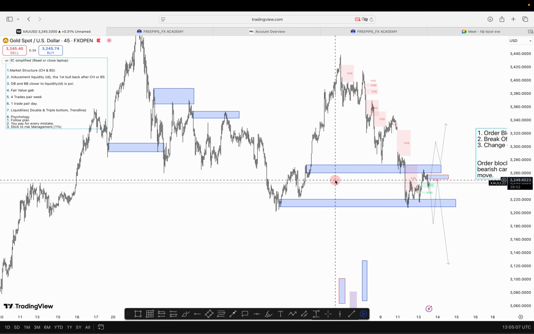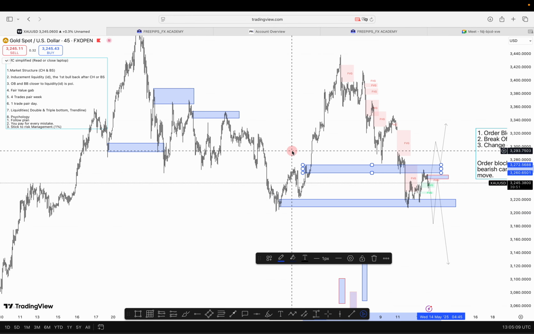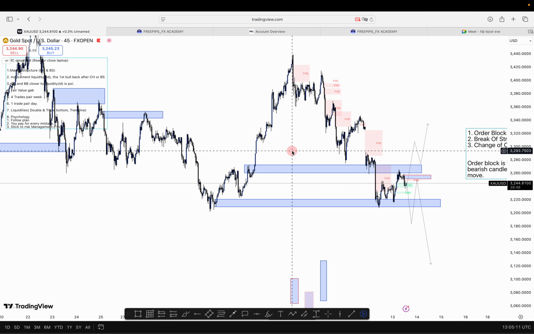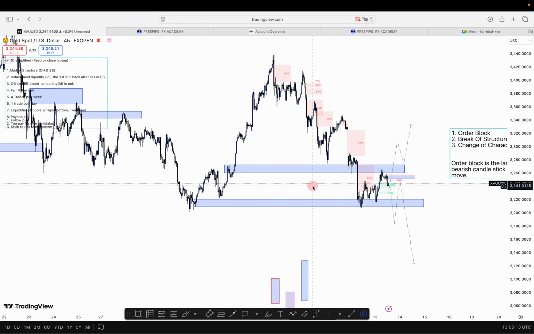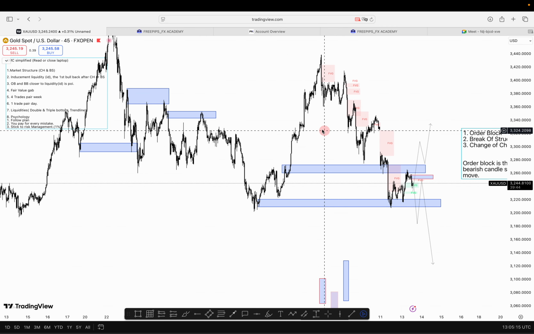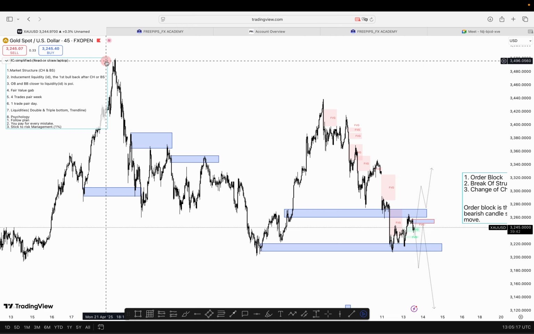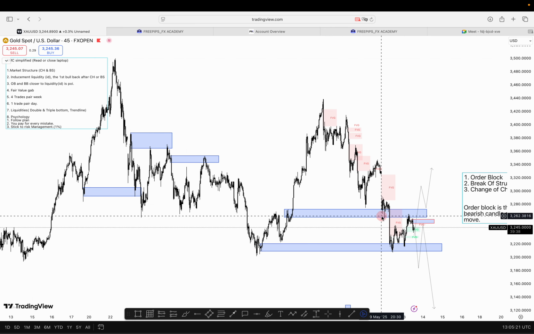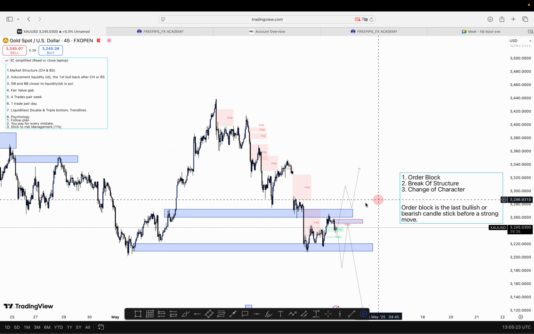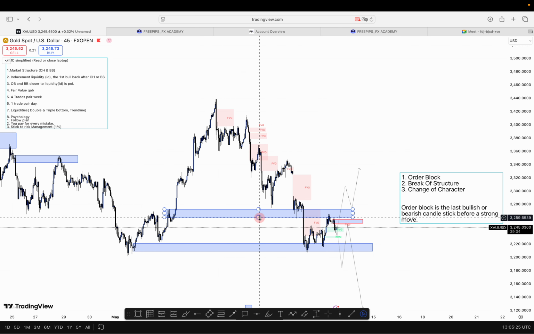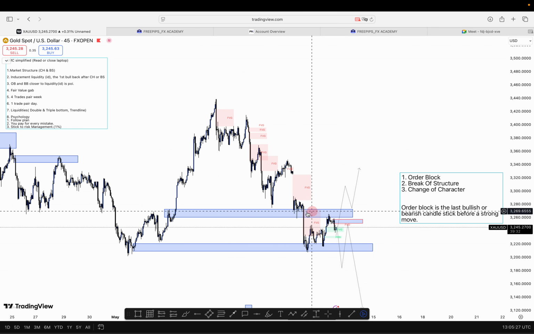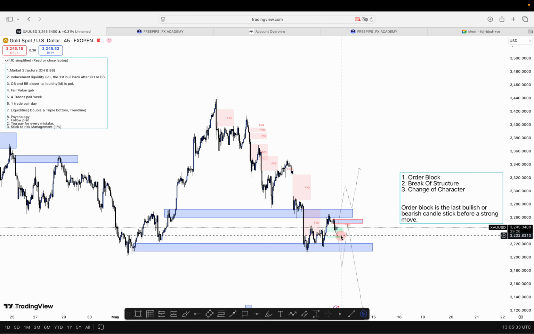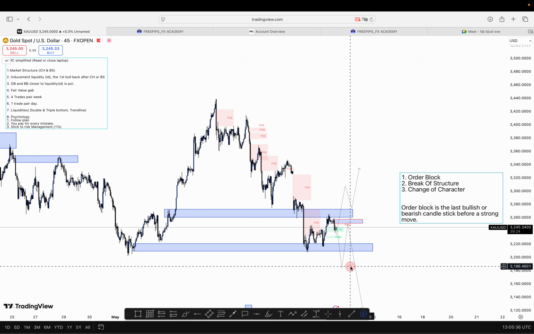So this is gold. In my gold analysis, I was actually expecting a huge buy to this top here, but because of the concepts you are learning right now, I've realized we are caught in a tight angle where price can either break above or break below.